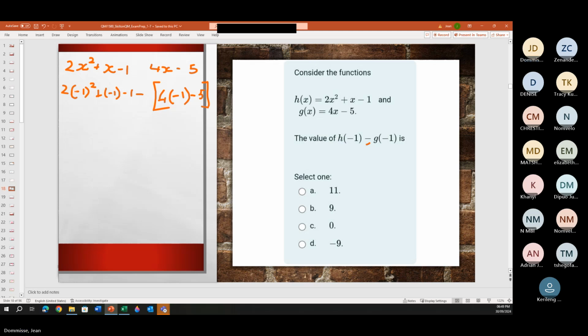So let's do brackets first. 4 times -1 is -4. -4 minus 5 is -9. And then minus times -9 is +9. Okay, so that component we have sorted.